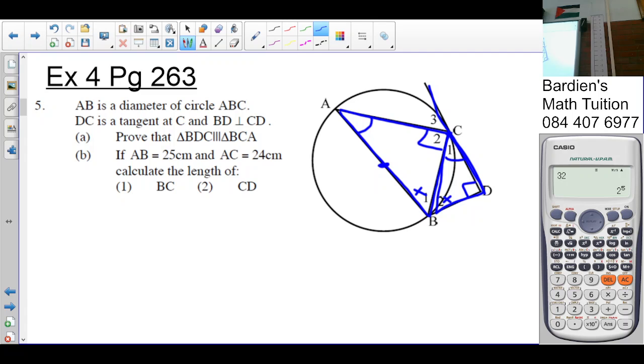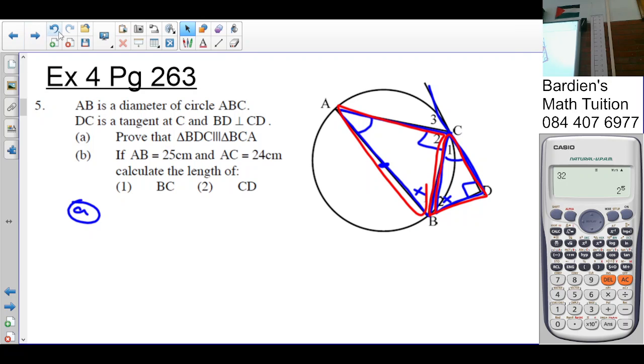The question says prove that that is the case. So how do we start off with similarity? So you go, they want angle BDC and BCA. So yes, it is the two triangles we are speaking about today. Okay? You all okay with that?